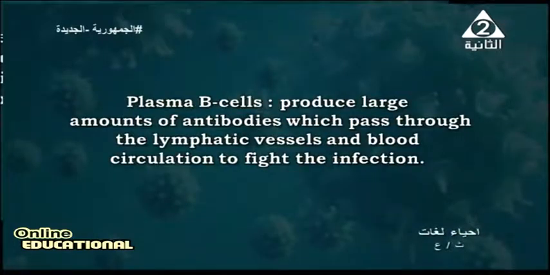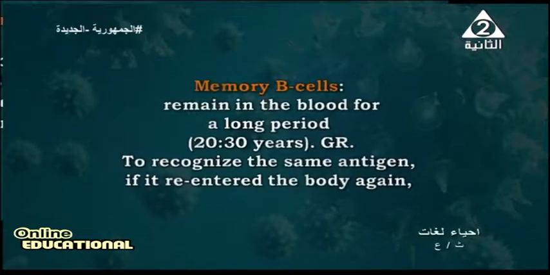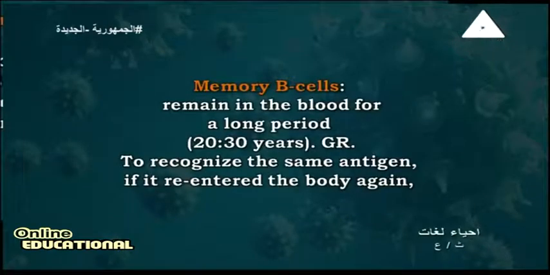Plasma B cells produce a large amount of antibody, which passes through the lymphatic vessels and the blood circulation to fight the infection. This is the pathway. What happens when infected by microbes? The role of the lymphatic vessels is to overcome this.